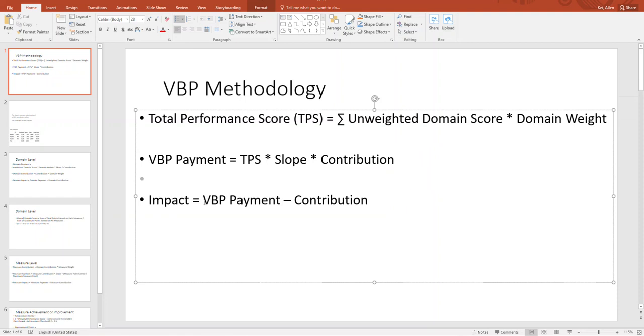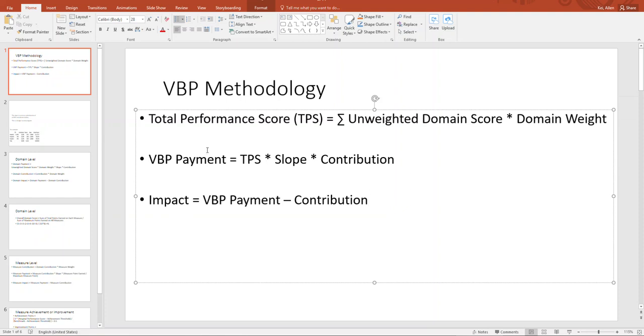The VBP payment is what the program is paying back to your hospital, so the net income for your hospital is what the program is paying you minus what you pay to the program. What the program is paying you depends on your score. The higher your score, the higher payment you will get. So that is the overall income for your entire hospital.